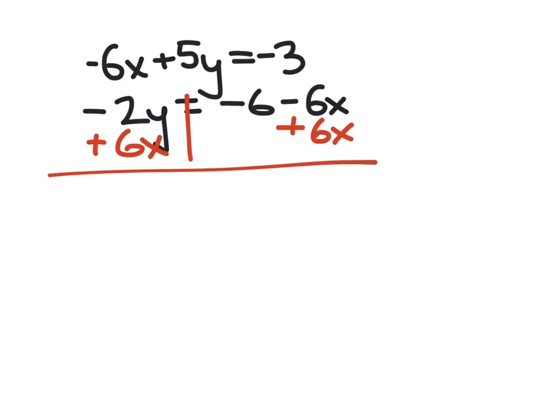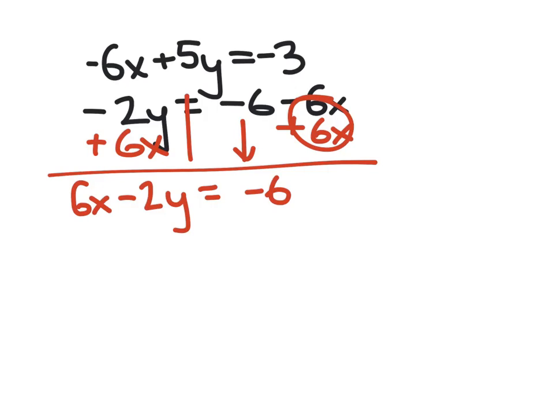I'm going to put them in the same order as this equation in black, with the negative 6x and then the 5y. So I'm going to put my x's as the first term, and then the y's will be my second term. So that's going to be 6x minus 2y, which equals this negative 6. We're just going to drop that right there. And then, of course, the negative 6x right there zeroed out.